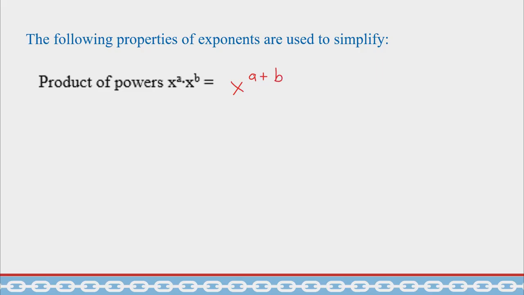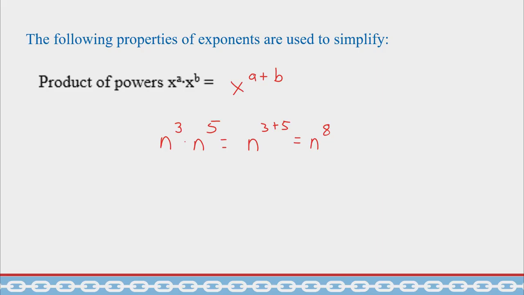So looking at that in terms of an actual example, if I have n to the third times n to the fifth, that is going to be equal to n to the 3 plus 5, which would be n to the 8th. So product of powers means that you add the exponents.